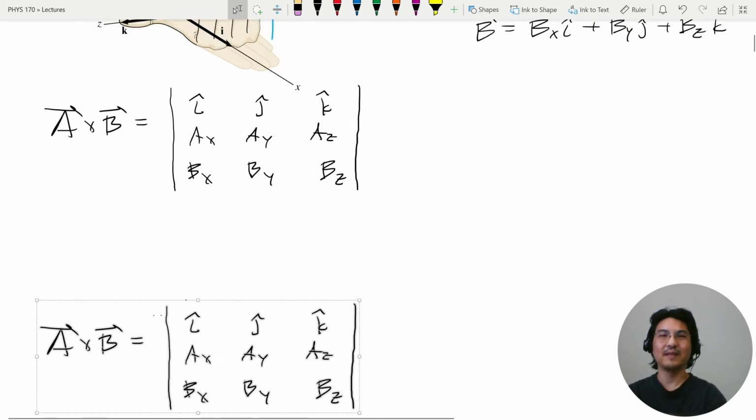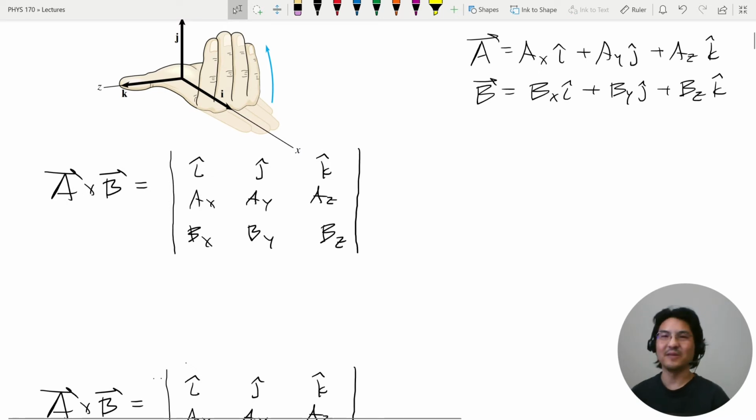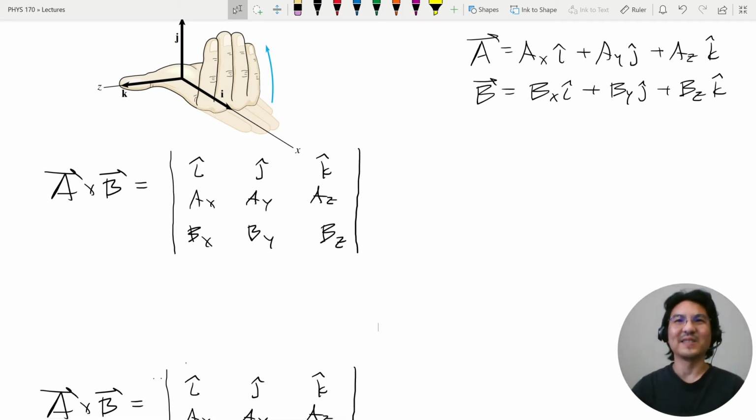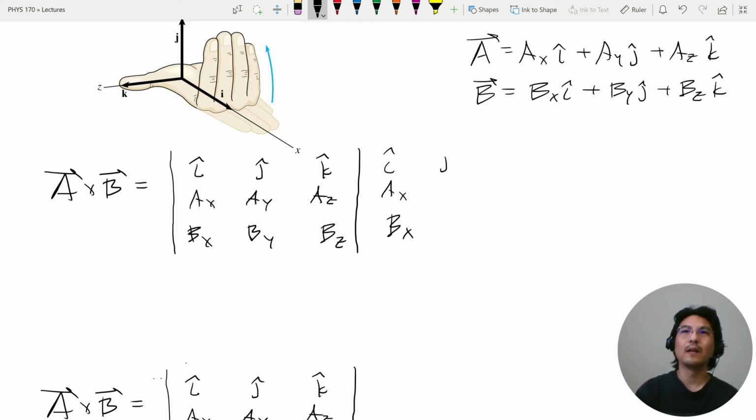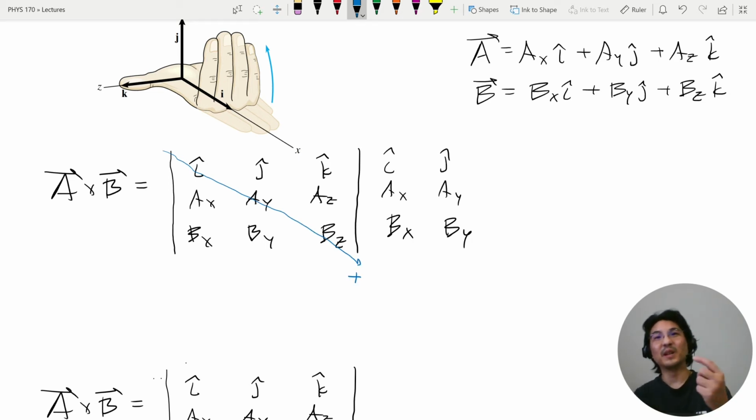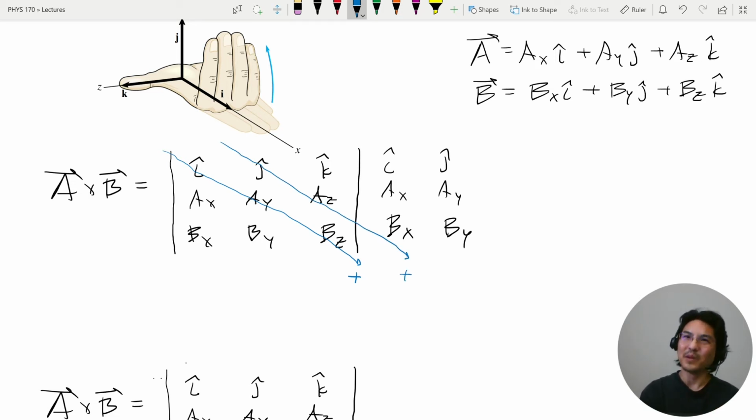One way is called Sarrus' scheme, and it goes like this. Then you use whichever method is easier for you. Okay, so here's how it works. You copy the first two columns like this. Then you go this times this times this, and that's going to be positive, plus this times this, which is also positive, plus this times this.